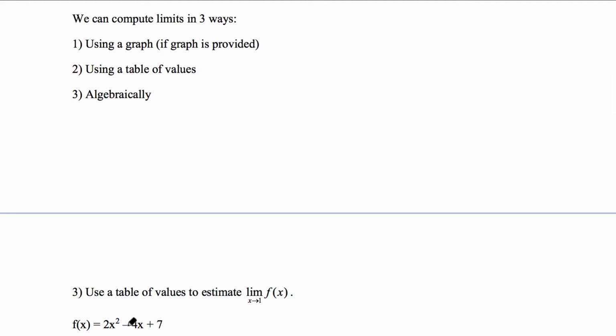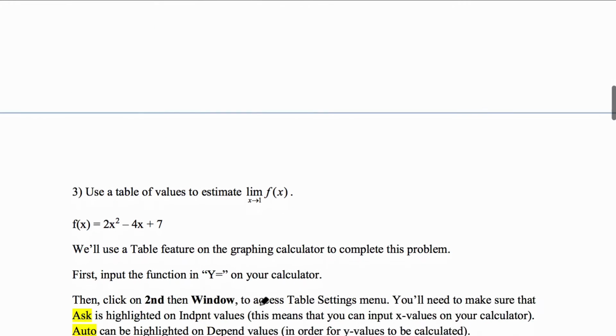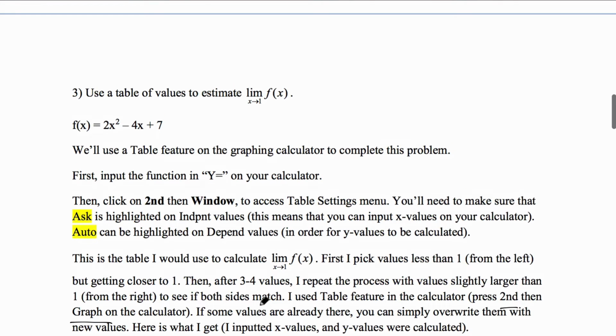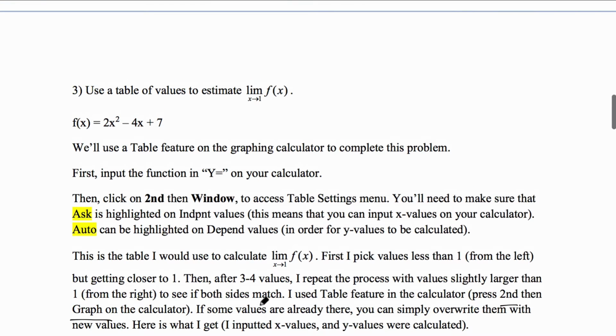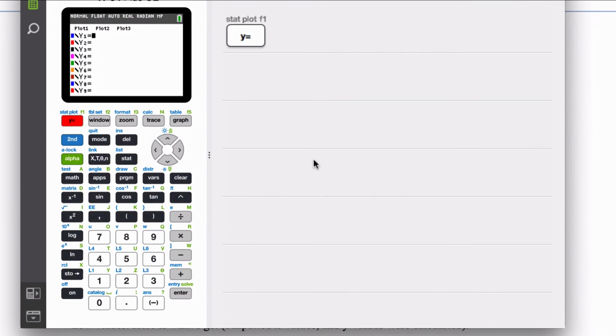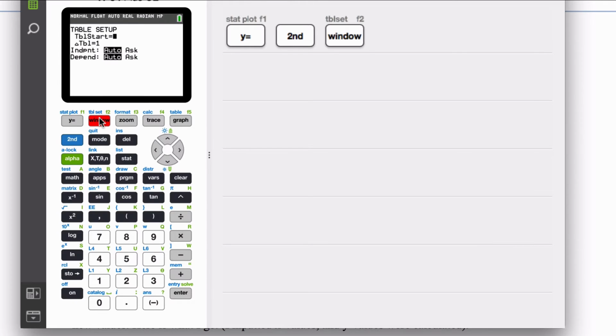So let's say we have a function, 2x squared minus 4x plus 7, and we're trying to figure out the limit as x approaches 1. Let's use a table of values. The first time you do this, when you get your graphing calculator, you want to make sure to set it up. Here's my graphing calculator. Go to 2nd Window.